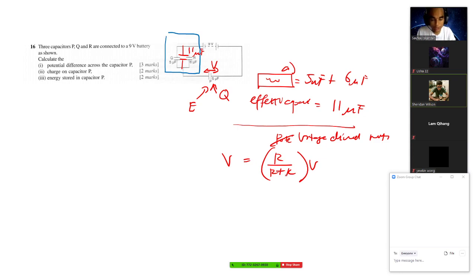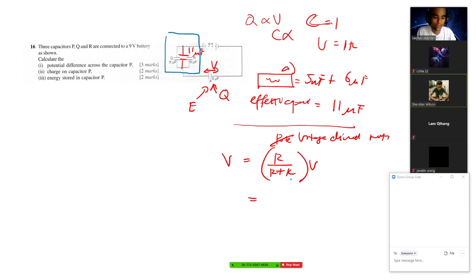So we also can use it for capacitors. Why can we use it for capacitors? Because V equals IR, and C is Q over V, so Q is CV. Q equals CV, and V is IR, so it's connected.